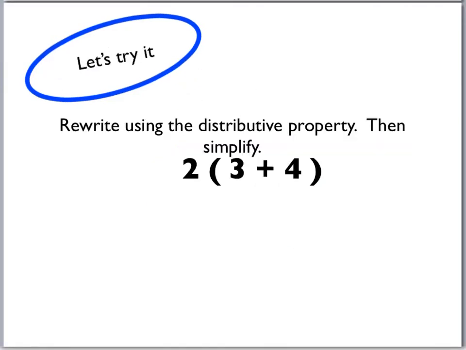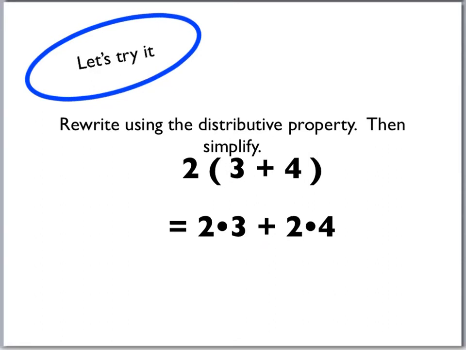So let's see what one actually looks like. If we want to rewrite using the distributive property, we have 2 times 3 plus 4. We need to first do 2 times 3 and 2 times 4, so we get 2 times 3 plus 2 times 4.